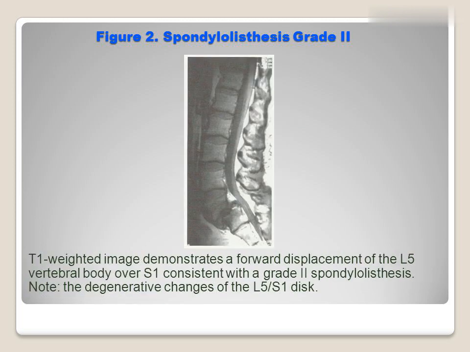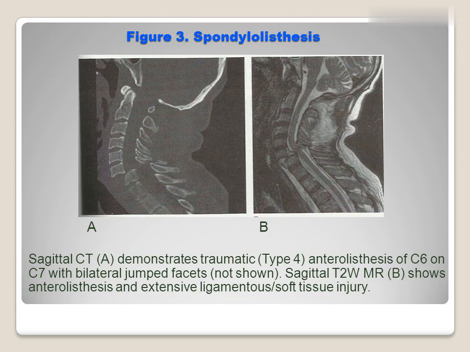Figure 2. Spondylolisthesis grade 2. T1 weighted image demonstrates a forward displacement of the L5 vertebral body over S1 consistent with a grade 2 spondylolisthesis. Note the degenerative changes of the L5/S1 disc. Figure 3. Spondylolisthesis.